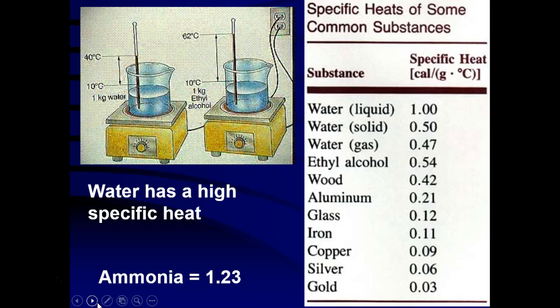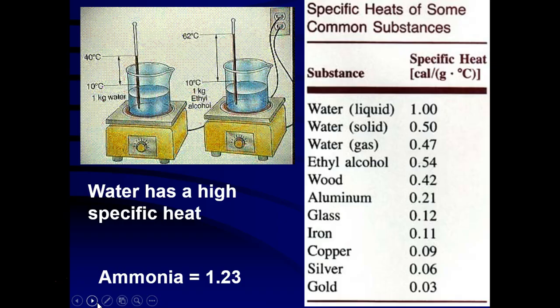And to get those water molecules moving, and that's what temperature is, it's the kinetic energy of a substance, to get it moving has to resist and overcome that strong cohesion. And so water, because it has a high specific heat, takes a long time to heat up.